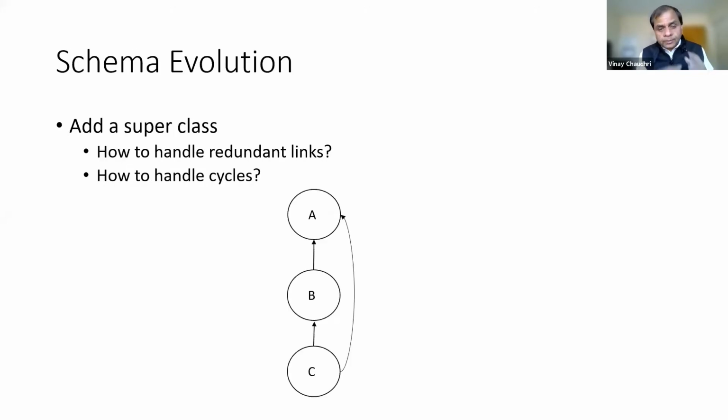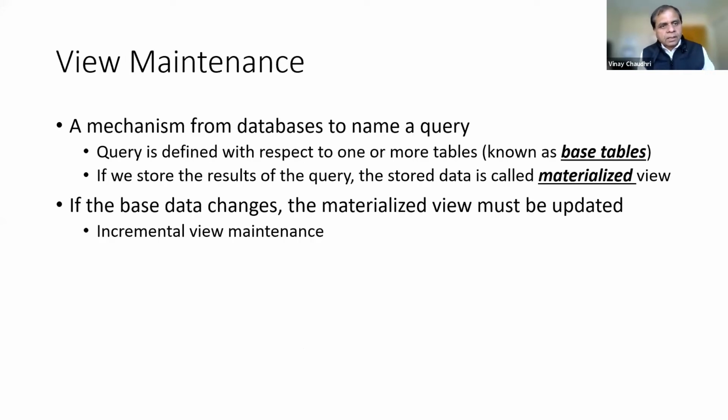All right, so that was a quick overview of schema evolution techniques as it pertains to class hierarchy or object-oriented type of representation. Now, view maintenance is a technique from database systems. Views by themselves are a technique used to name a certain query.